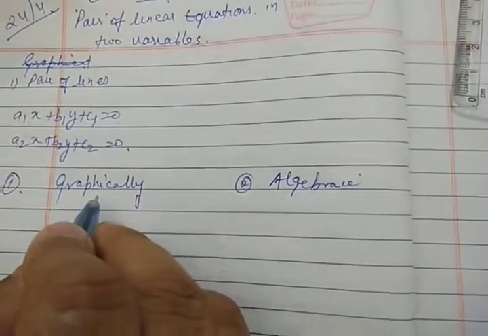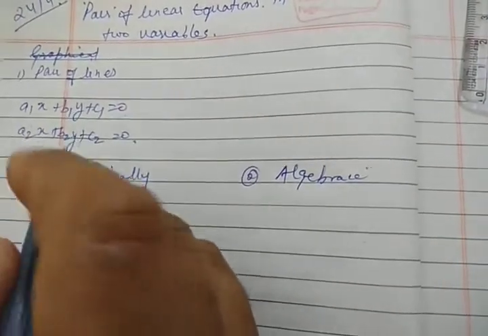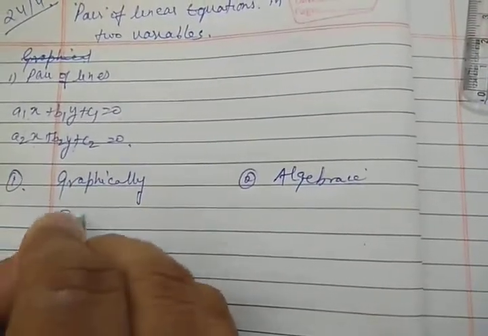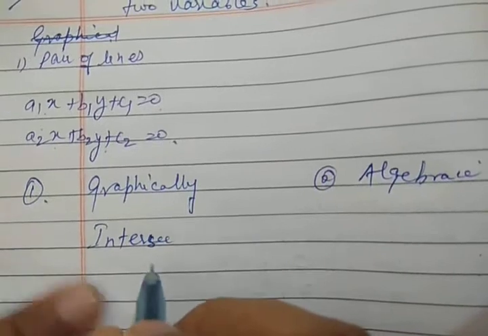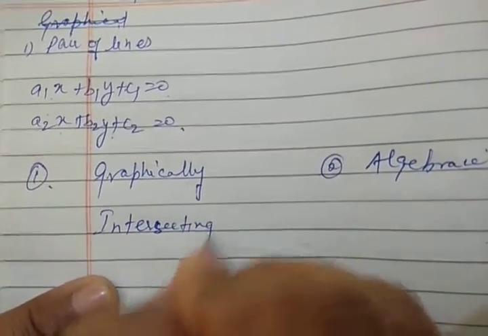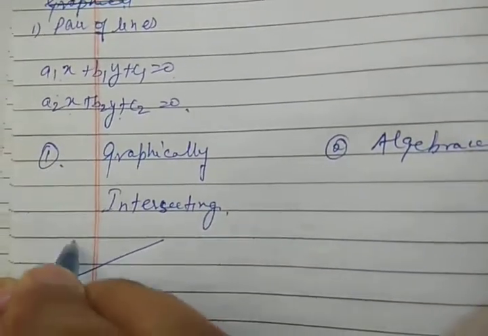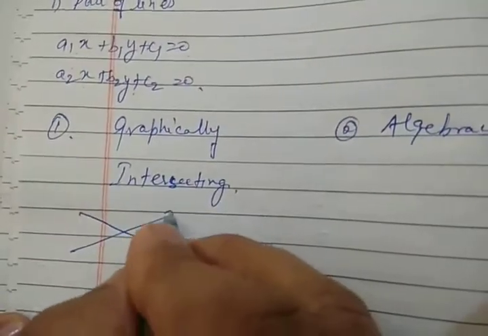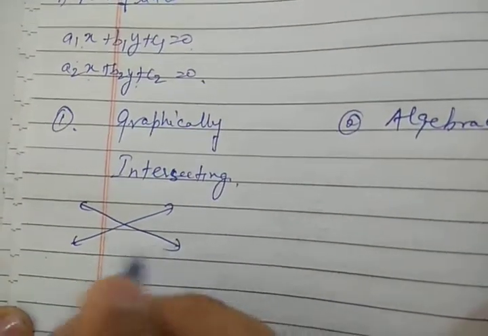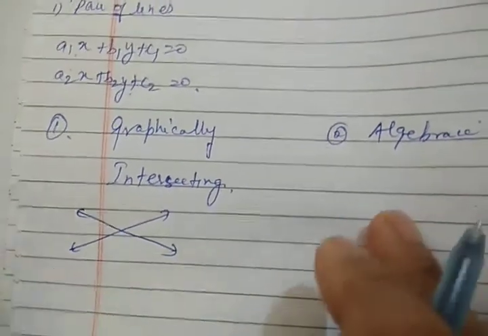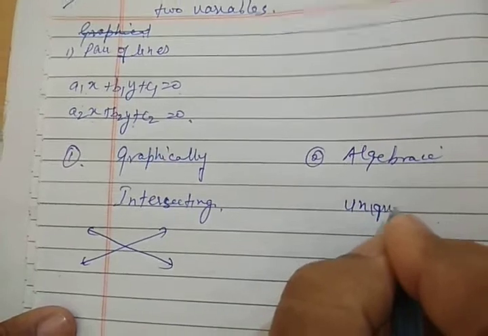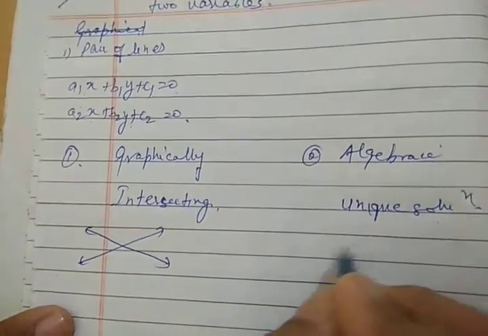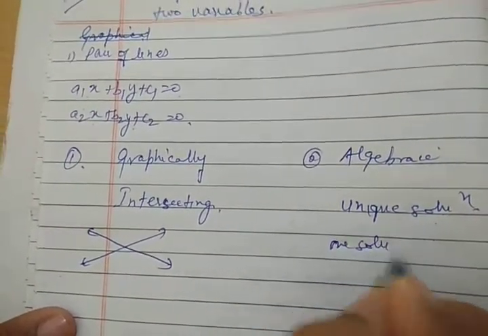So, when graphically these two lines are intersecting, that means the lines are intersecting each other. This is graphical. Algebraically it means it has got a unique solution, that means one solution.